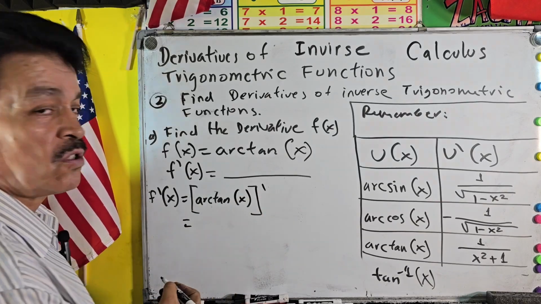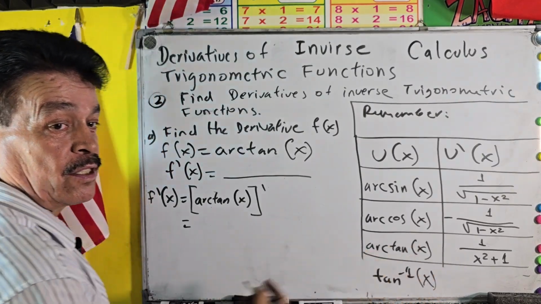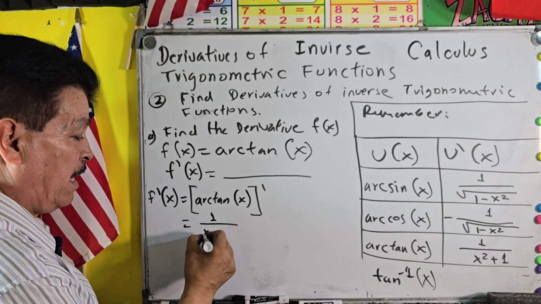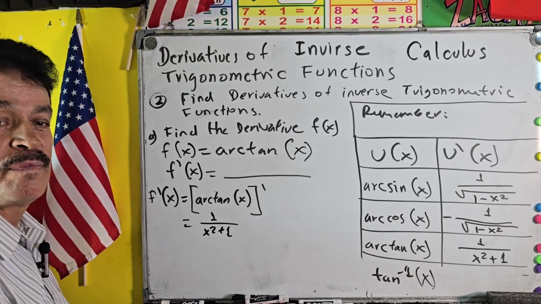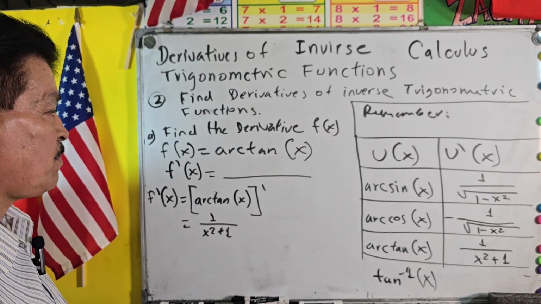So this is equal to 1 divided by x to the second power plus 1. All right, that's the solution.